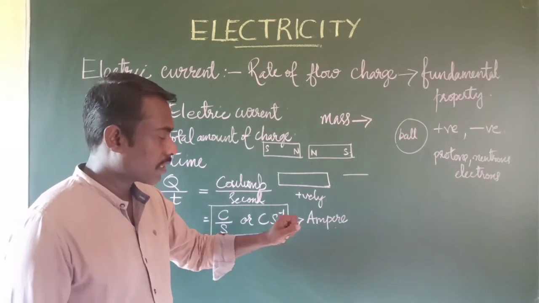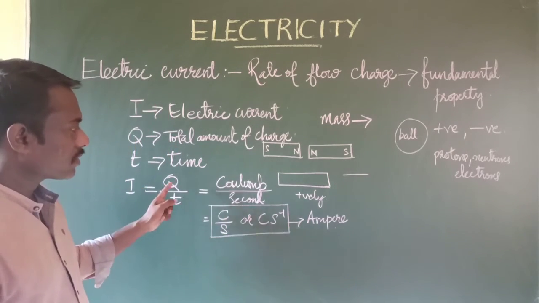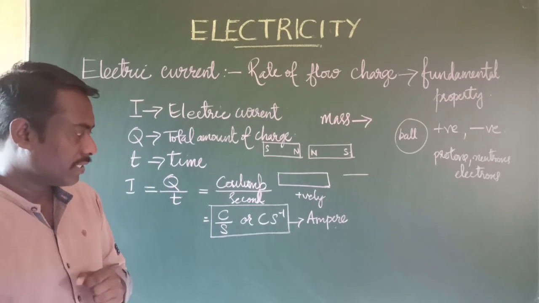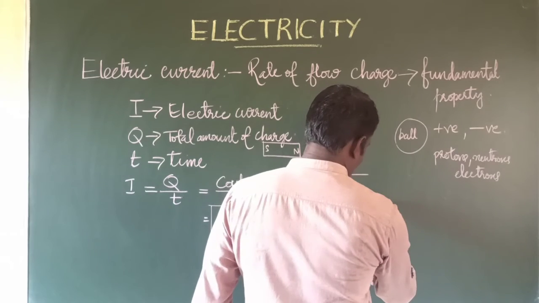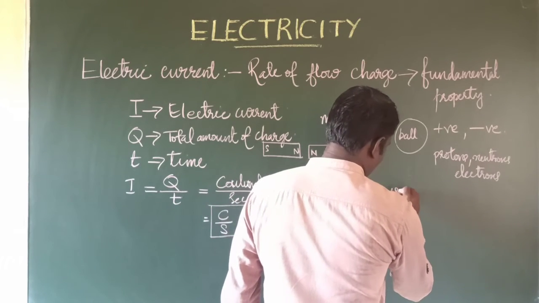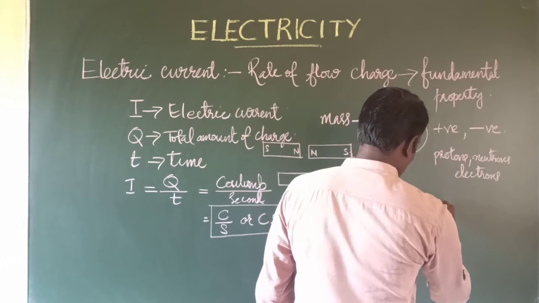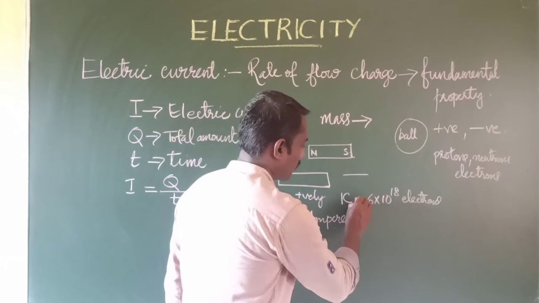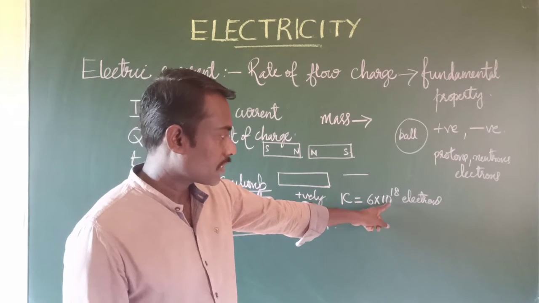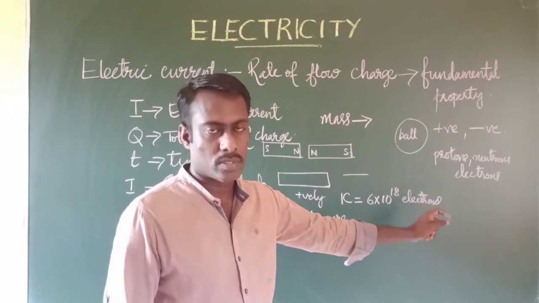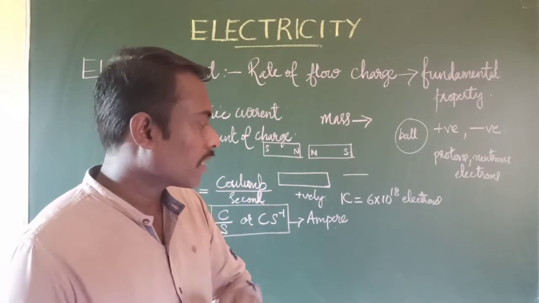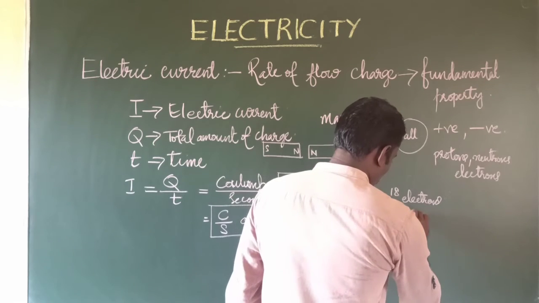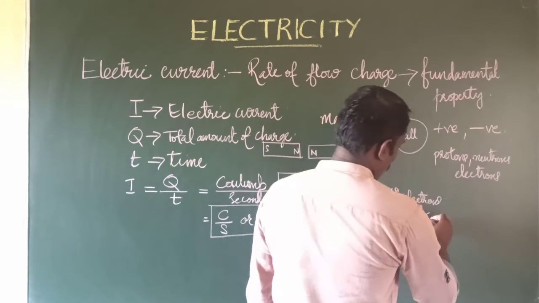How can we define 1 ampere? Consider the amount of charge flowing through the conductor. 1 coulomb of charge contains 6 into 10 raised to 18 electrons, and the charge of 1 electron, as we already know, is 1.6 into 10 raised to minus 19 coulomb.